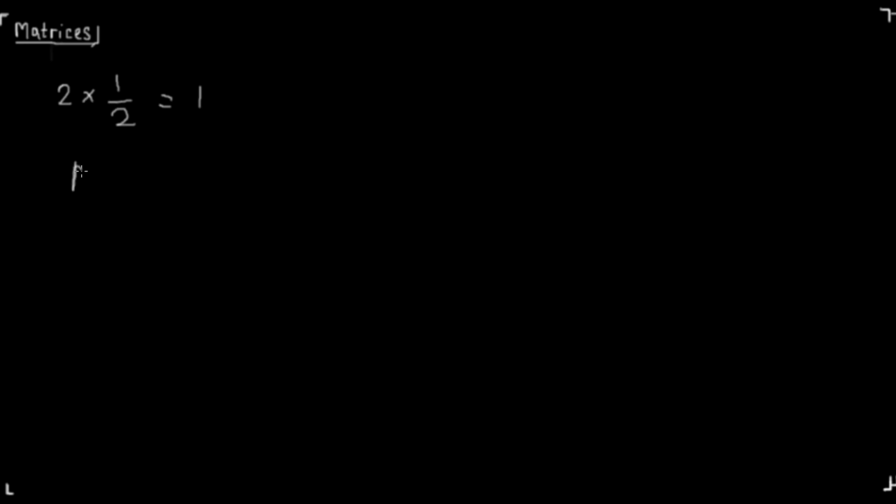So A times A negative 1 is equal to I. I think I mentioned this before, but no one heard it: I is just the identity matrix, which looks something like this. This is basically the 1 of the world of matrices.